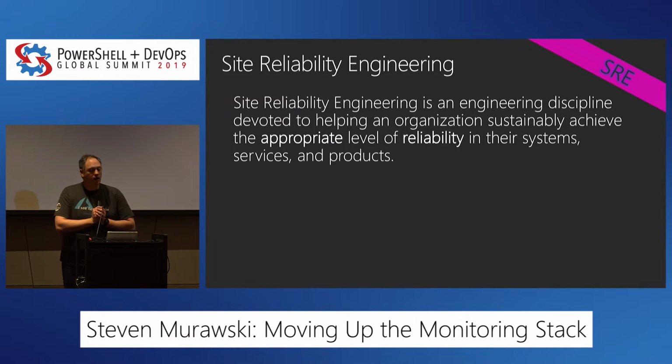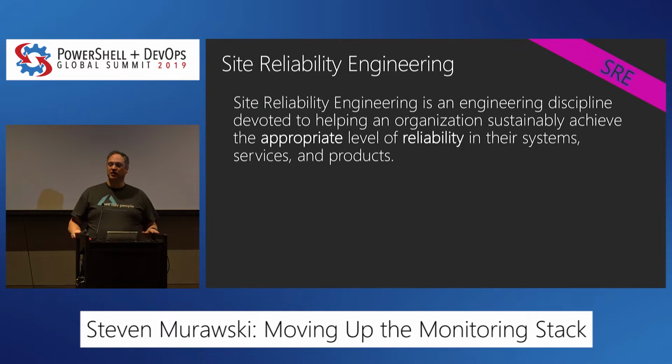But one of the things when we talk about appropriate levels of reliability, right? 100% is not always the right answer. It's the right answer when we're talking about the plane carrying me here, or it's the right amount if we're talking about like a pacemaker or something else that's responsible for people's lives.